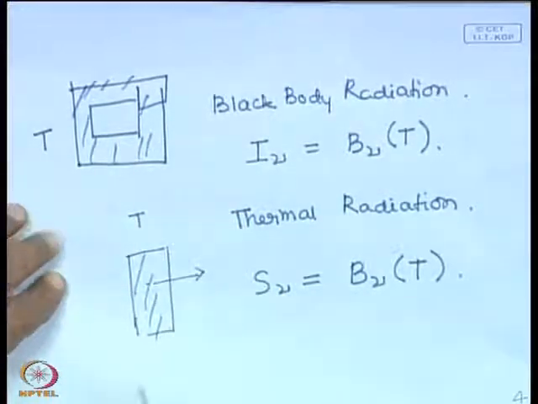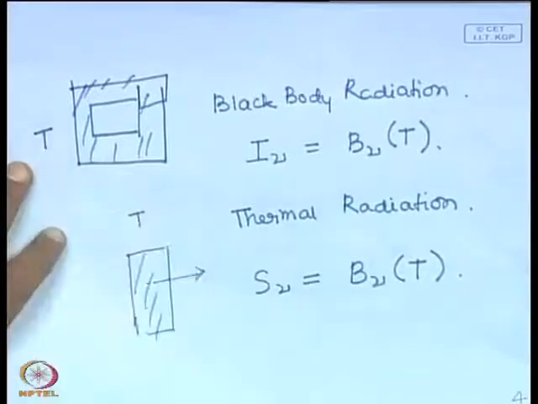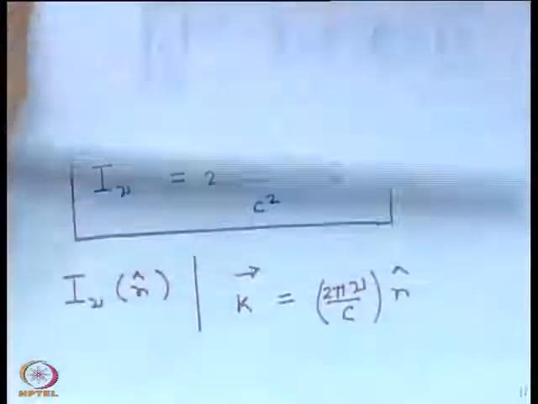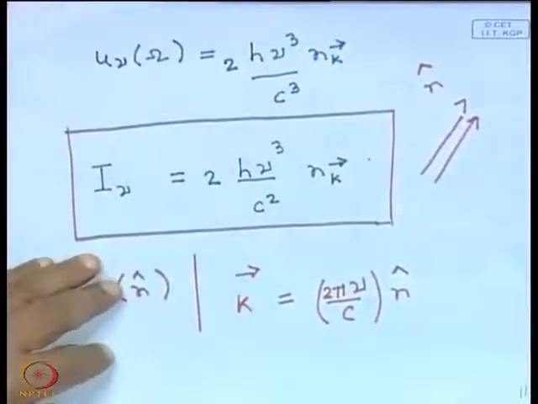So, they are in thermal equilibrium at a temperature T. Now, photons, we know there are two fundamental statistics. One is the Bose statistics, the other is the Fermi statistics. Now, what are photons? They have spin 1. So, they are bosons, right. So, photons follow the Bose statistics.